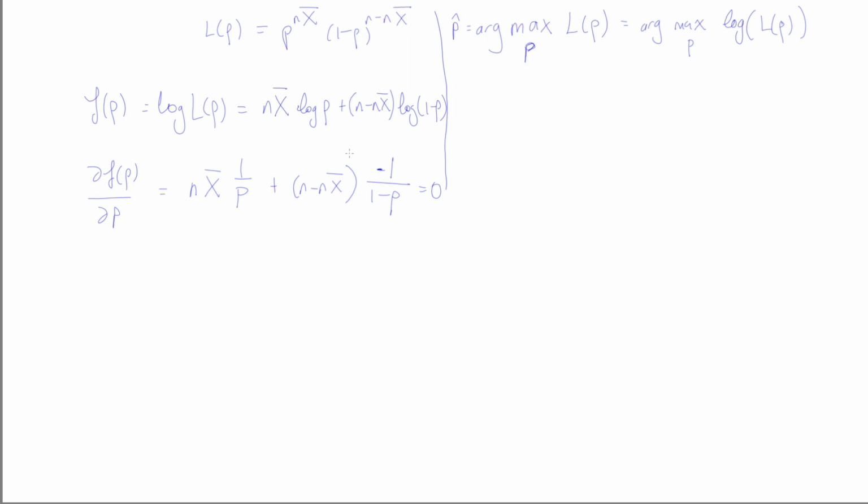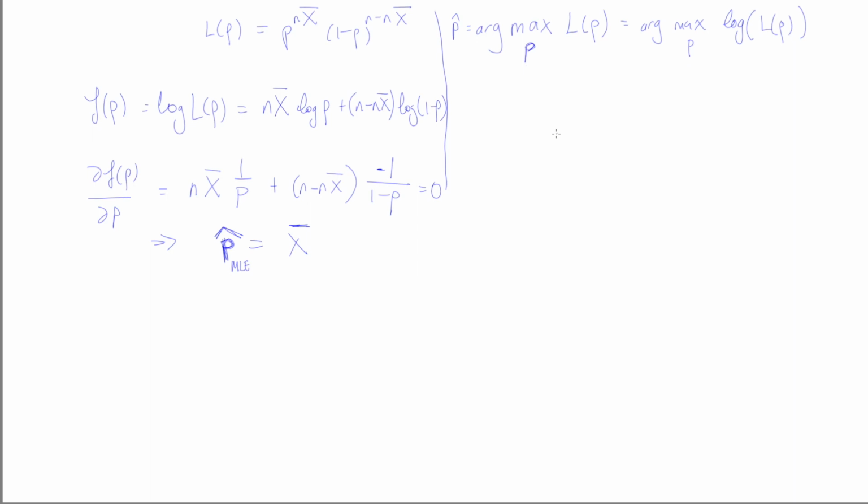I'll leave this to you, but if you do the algebra, you'll show that P is equal to x bar. We'll call this P hat because it's the solution. This is called the maximum likelihood estimate. So P hat MLE is equal to the sample average.